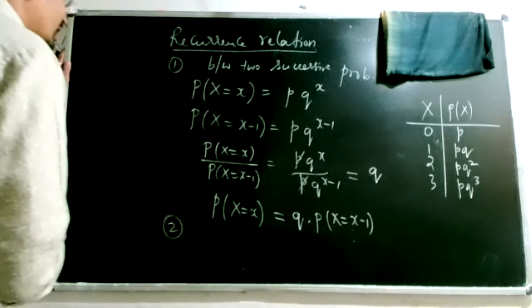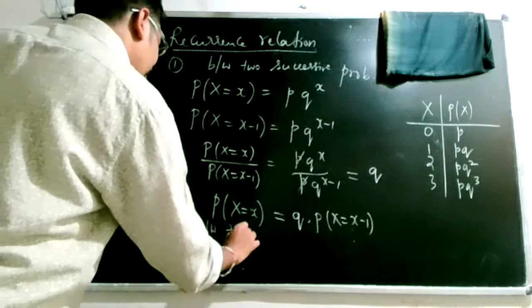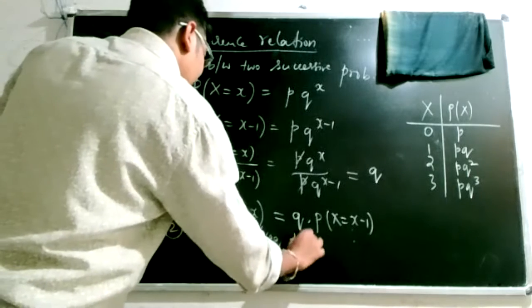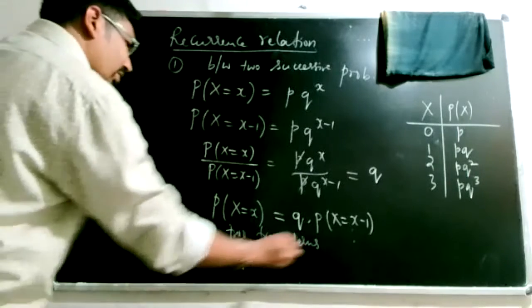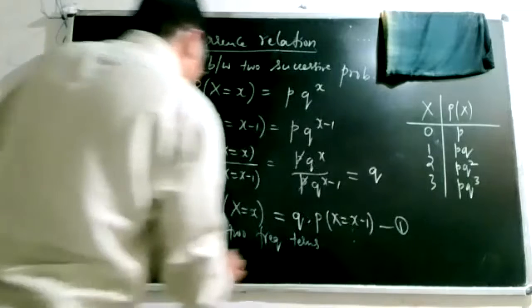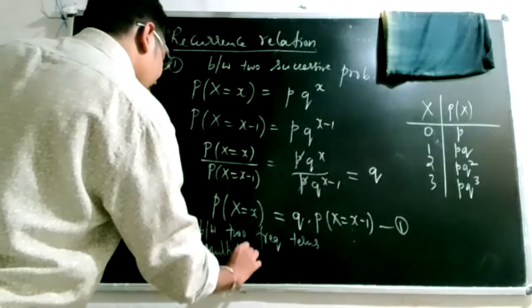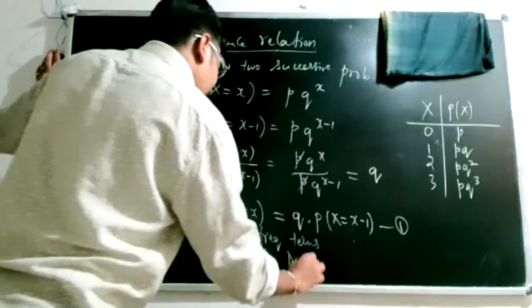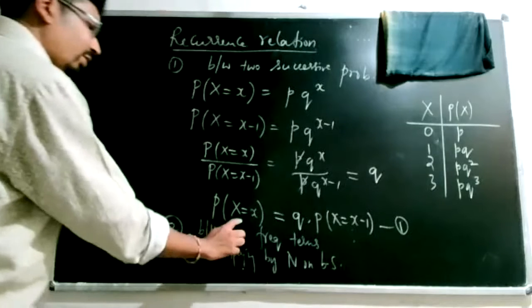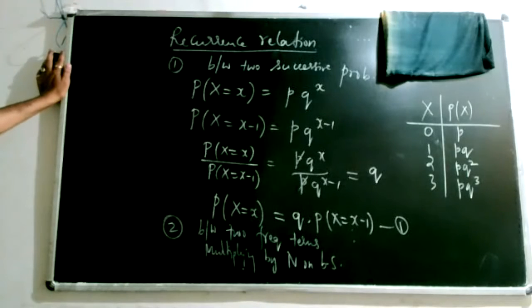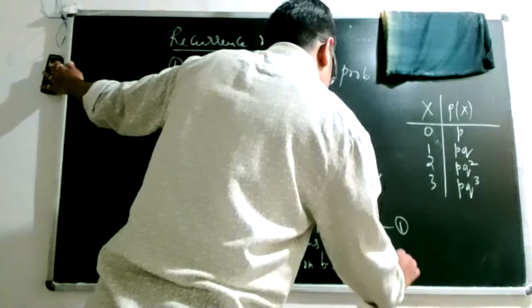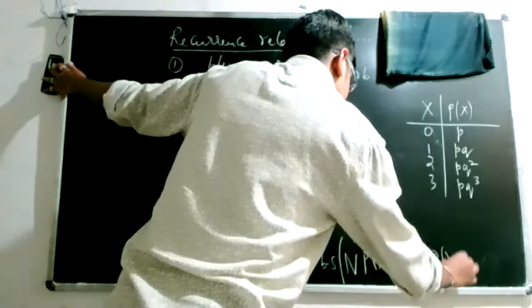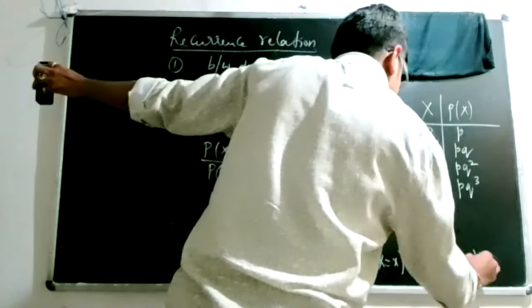successive probabilities. Next, if you want the recurrence relation between two frequency terms, then for the frequency terms you have to multiply. You have to derive this, and don't write just this much. So let me call this as 1. So multiplying by n on both sides, I get n into p of x is equal to q into p of x equals x minus 1 into n, which is the theoretical frequency that gives you the required form.